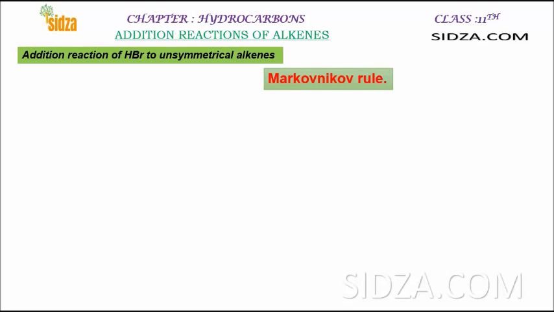Let's take some other examples of asymmetrical addition reactions of alkenes. Suppose we have CH3 single bond CH double bond CH2. If you add HBr, what is the intermediate that we get? We'll follow Markovnikov's rule. It will go to this carbon because it has two hydrogen atoms. So you get an intermediate like this, CH3 single bond CH single bond CH3, and the carbocation is over here.